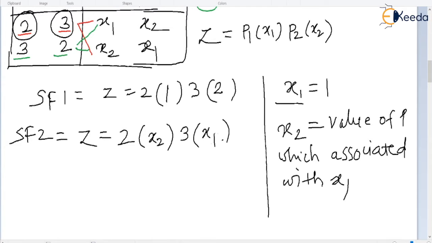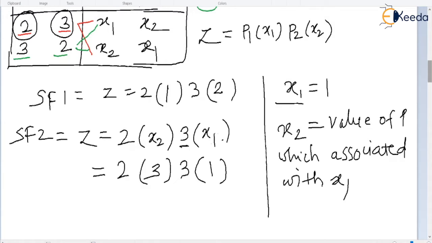Now we write this formula: 2, we keep X2 blank, and we write 3. First we write X1 as 1, and for X2 we need the value of P associated with X1. The value of P associated with X1 is 3, so we write 3. So we have dealt with the second structural formula.